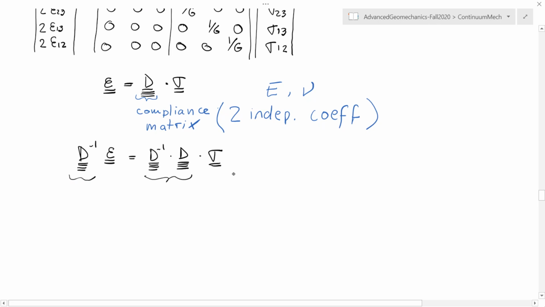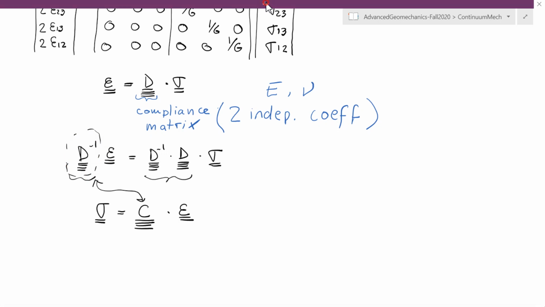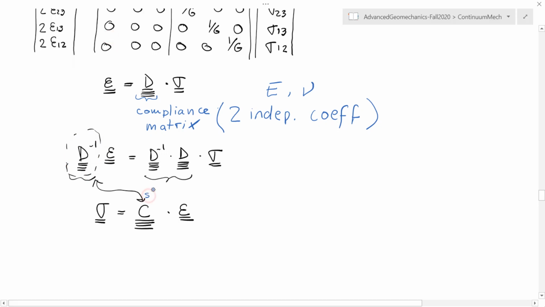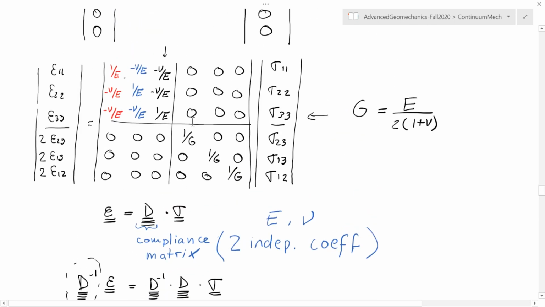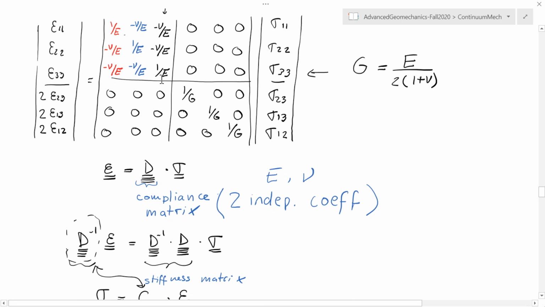So if I move stress to the left, this is the stiffness matrix, and this is the strain tensor. And you can try inverting this matrix in Wolfram Alpha.